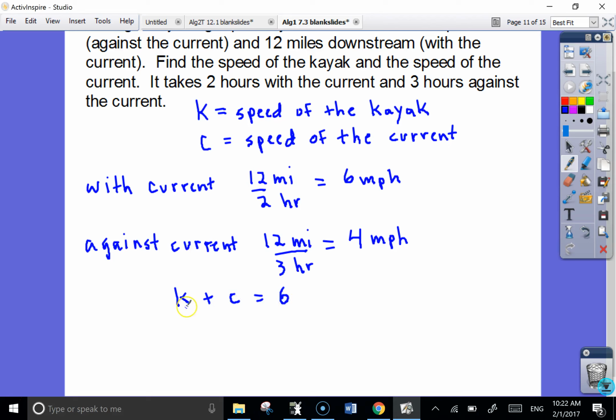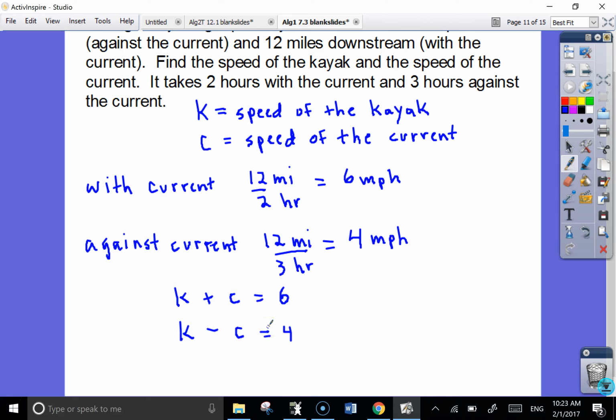When the kayaker is going against the current, they're actually working against each other. Then the speed of the kayak is working against the current, so it's K minus C, and that equals 4. Right, so with the current, the two speeds add together to give us 6. Against the current, the two speeds subtract to give us 4.